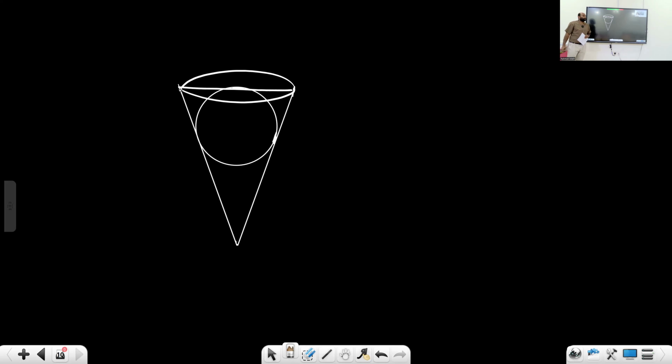Here it is AB, and there is a perpendicular. This is called O dash, and here O, and this also is perpendicular, radius and tangent. This they call OR.